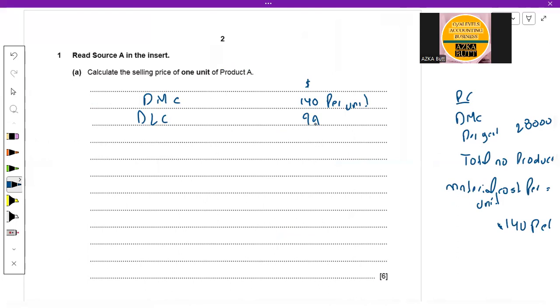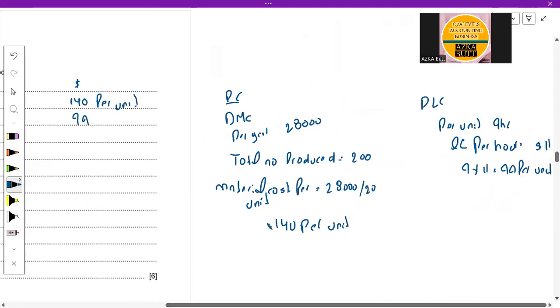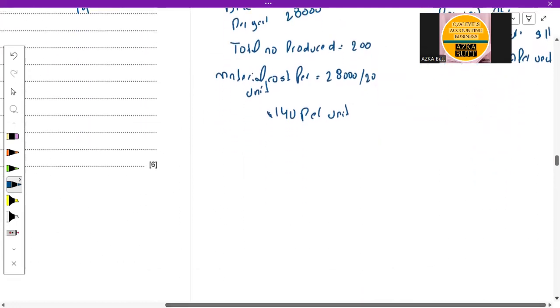So overheads are apportioned based on the activity. So we will break down the overheads for product A. So now let's break down the overheads.